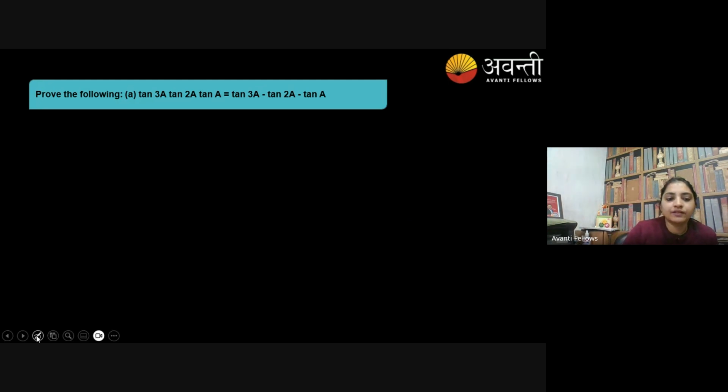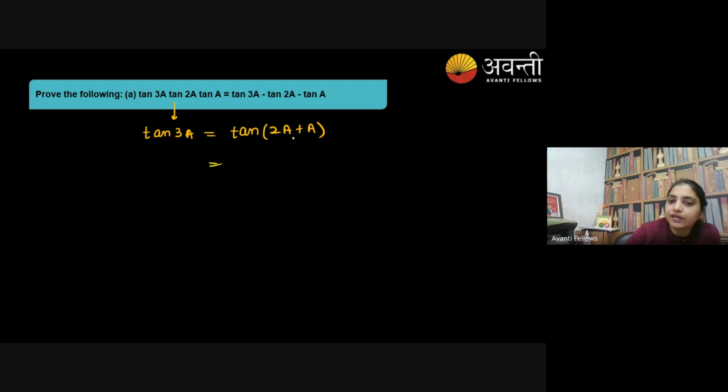Next, when this type of question will arise, how to solve this question? Just look, when you have tan 3a and you have to split tan 3a, tan 2a, minus tan a, you can rewrite it as tan of 2a plus a, dear bachcho. So formula for tan a plus b will look like tan 2a plus tan a divided by 1 minus tan 2a tan a, right or not?